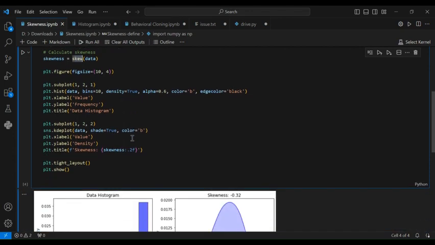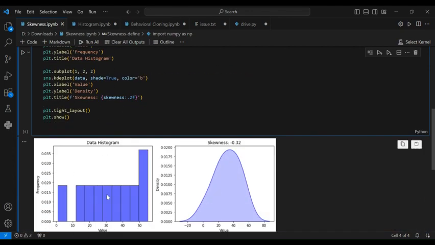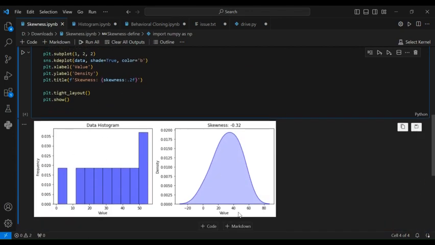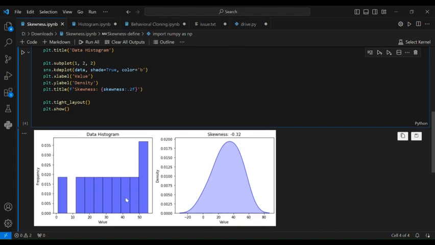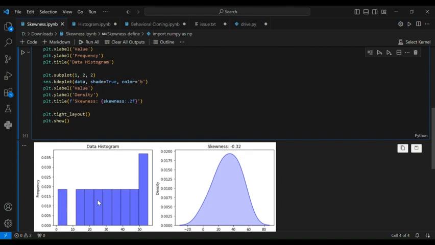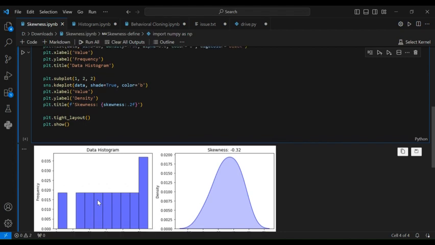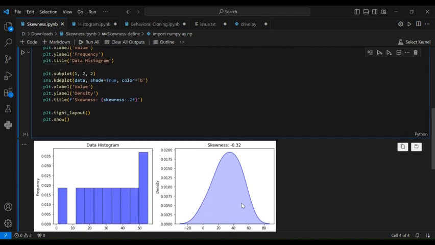I have plotted two things, a histogram and the skewness, so that you can easily identify how the histogram looks. It's slightly right skewed by the histogram itself. You can see one data point in this range is missing, and because of that it's slightly right skewed. Then you can see the value of the skewness is minus 0.32.